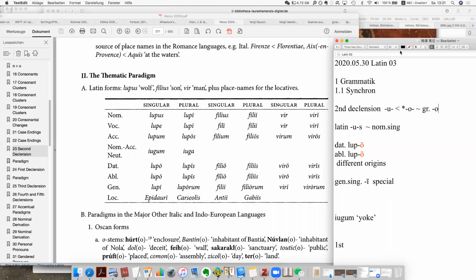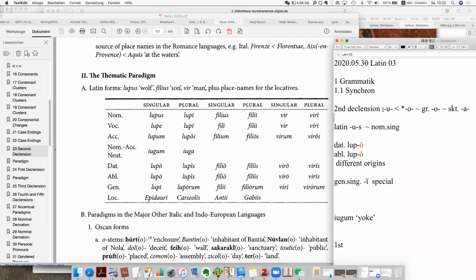You probably all know that. So also in Greek it's O, but in Sanskrit or in Vedic it's A. So this is a very basic correspondence between these different declensions. Not different declensions, but the same declension in different languages.